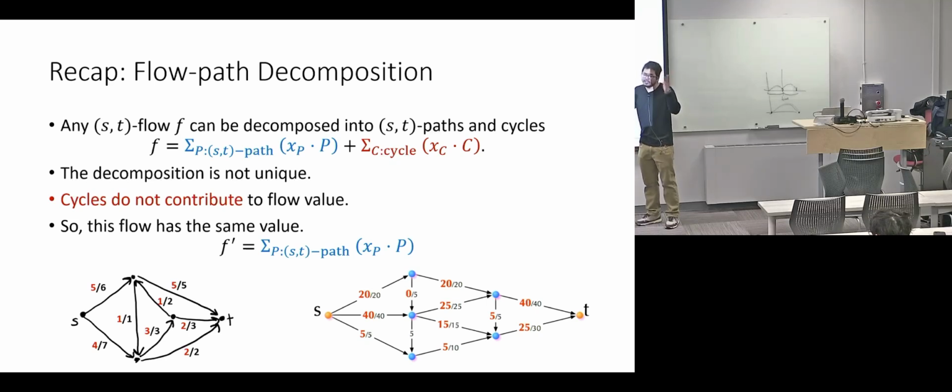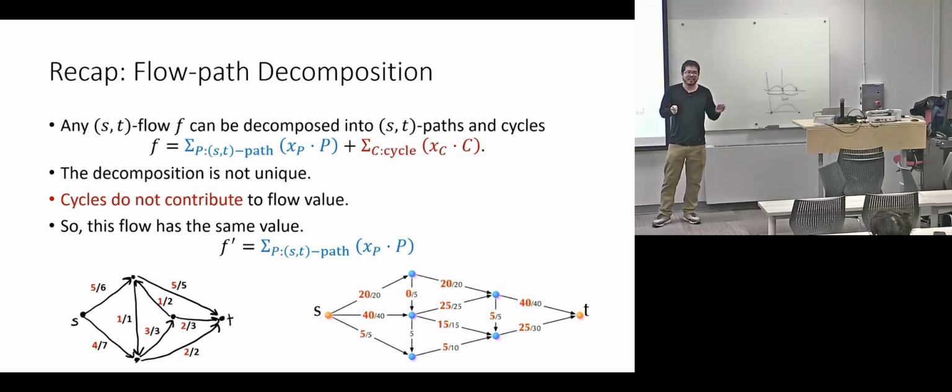And we have actually seen this before, in the previous class, where you have a flow and you try to extract the disjoint paths from the flow. You remember that we do DFS from the source until it reaches the sink. If it doesn't reach the sink but it finds a cycle, then you subtract the cycle from that flow and repeat.